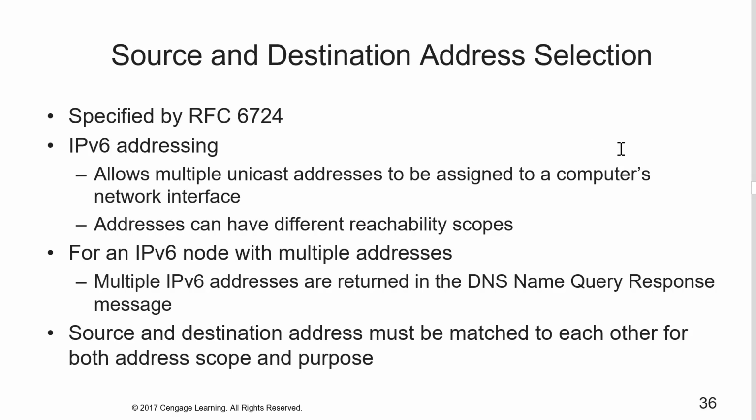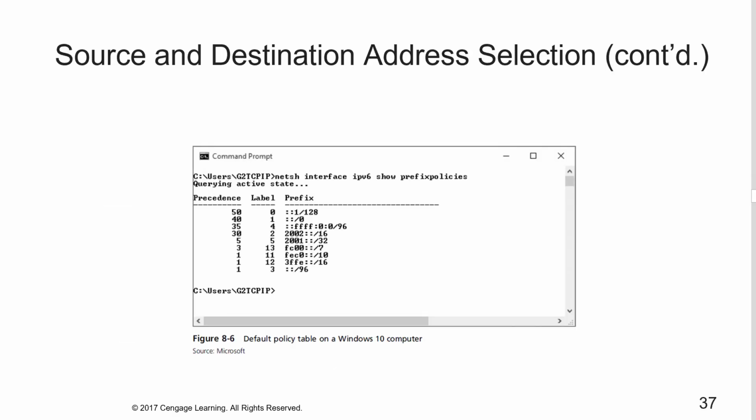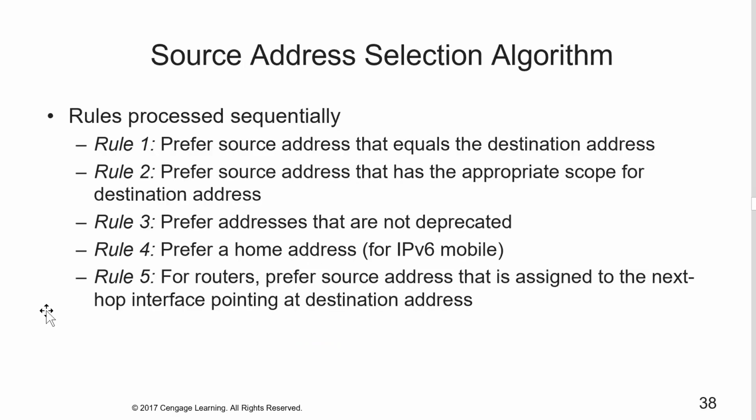So we're going to talk first about the source address selection algorithm. Here is an example of a default policy table on a Windows 10 computer. Here's the algorithm, and these rules are processed sequentially.